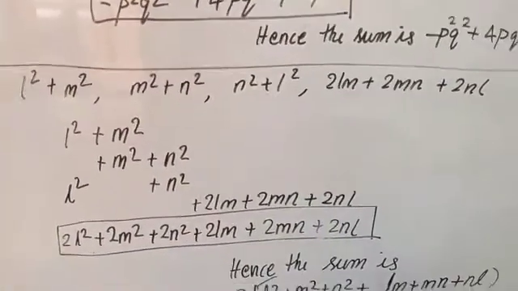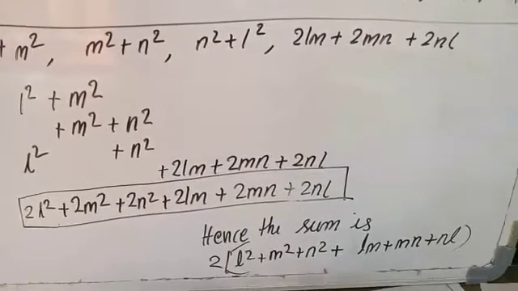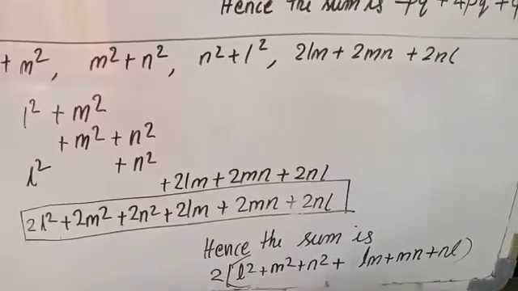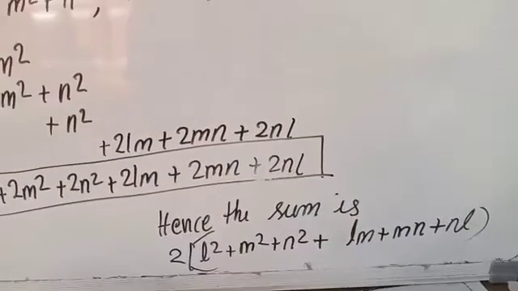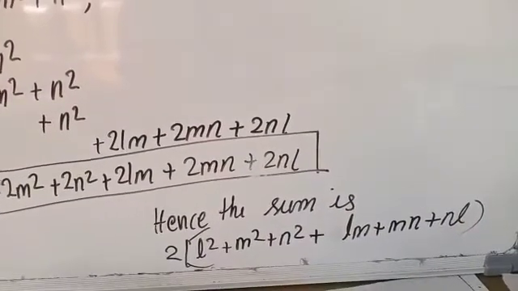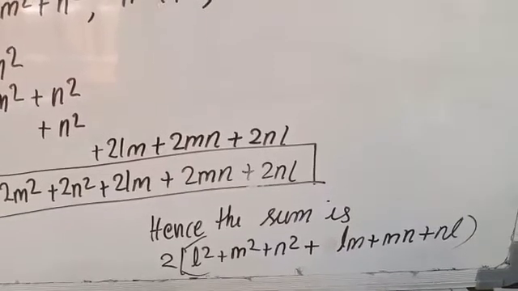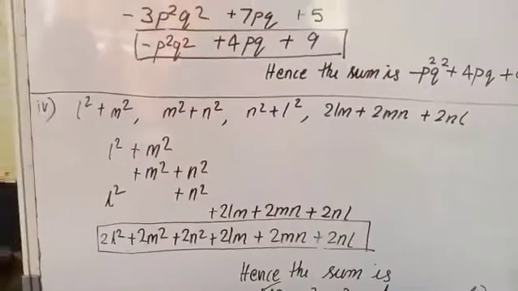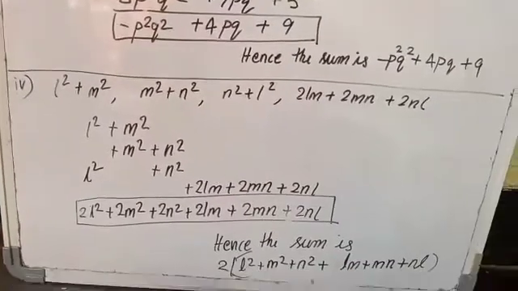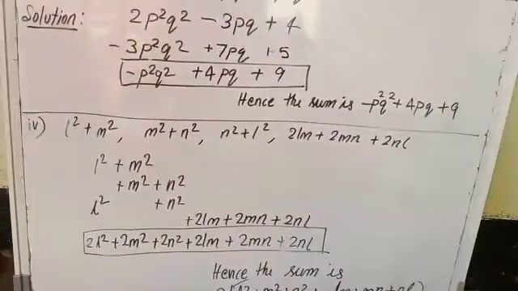So hence the sum is, by taking 2 outside, 2 bracket L square plus M square plus N square plus LM plus MN plus NL. Hope you understood how to add the expressions.